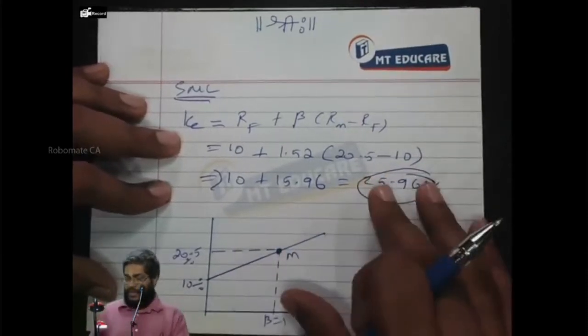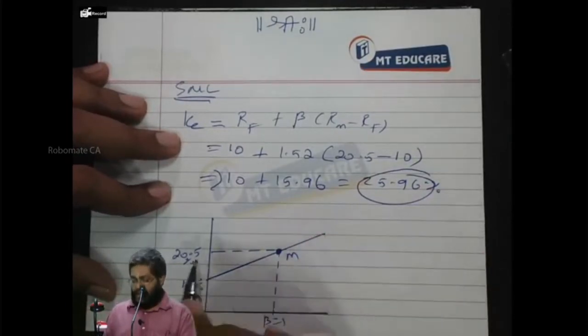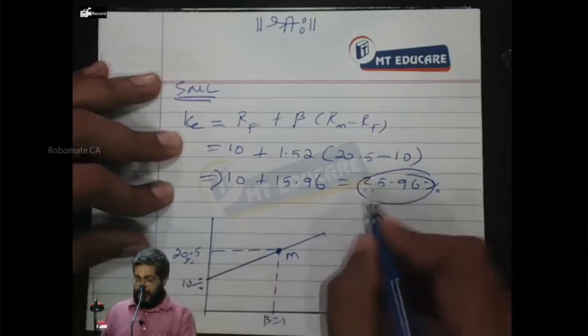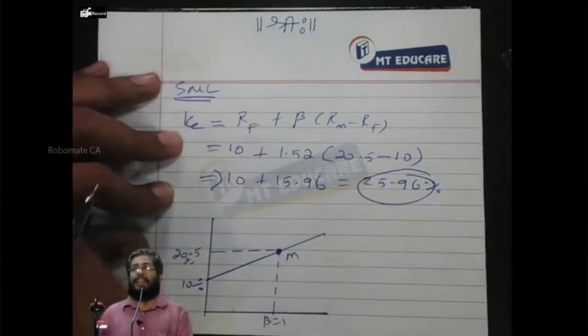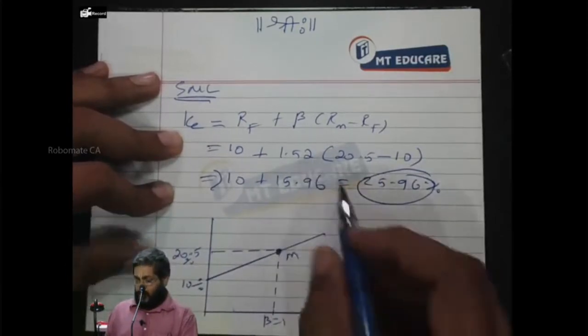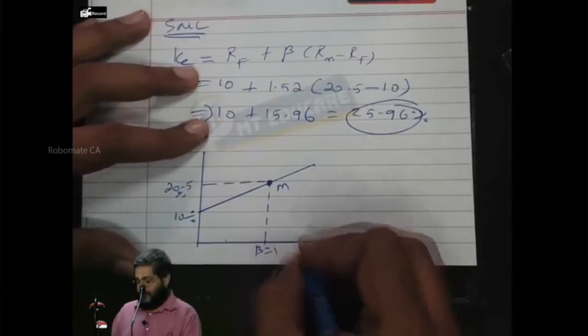What the SML says is, for a beta of 1, you want a return of 20.5%. For my security, SFL security, based on the relationship, we found the beta to be 1.52. Can I say beta is equal to 1.52?